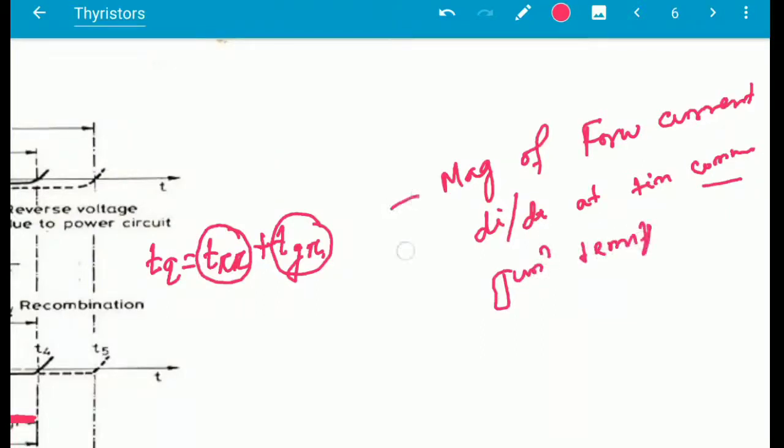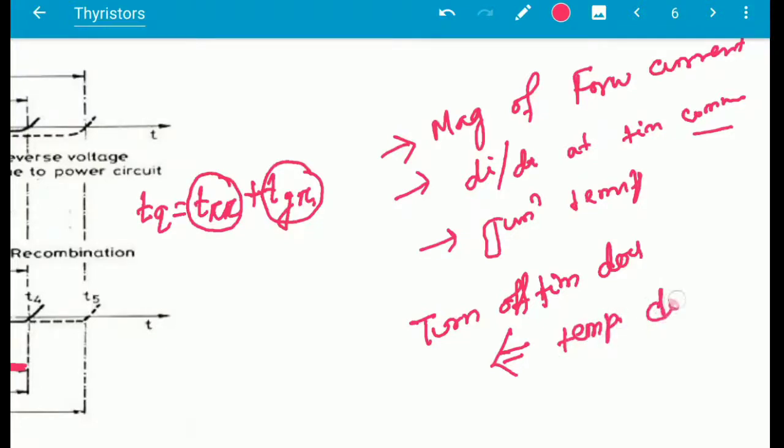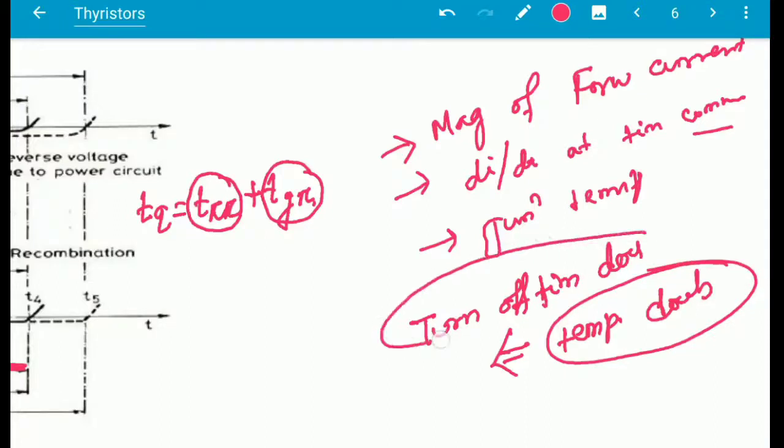These three things influence the turn off time of a thyristor. Another thing we have to note down is that if the junction temperature doubles, then the turn off time will double.